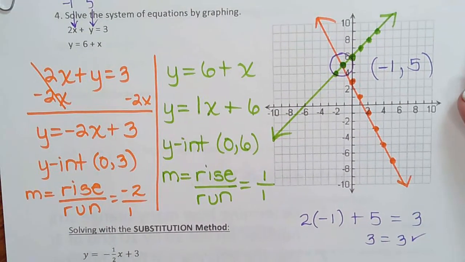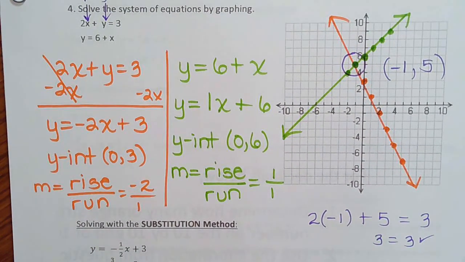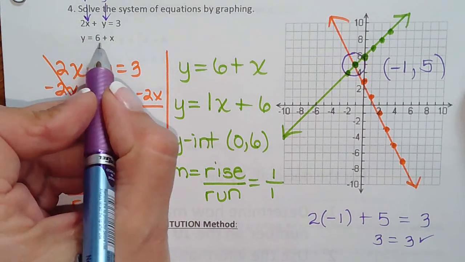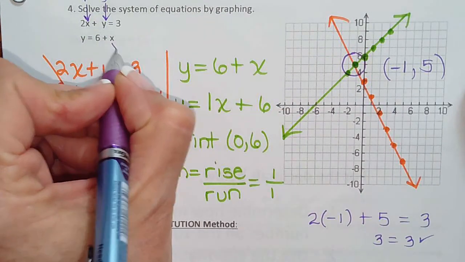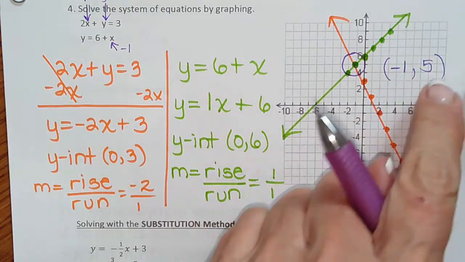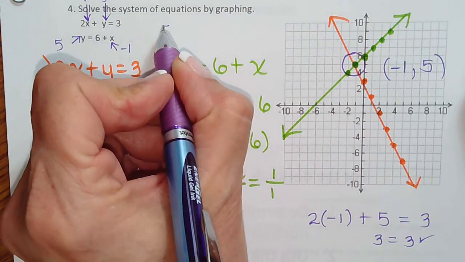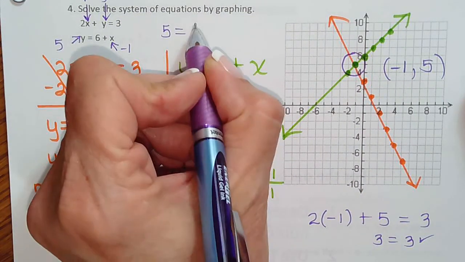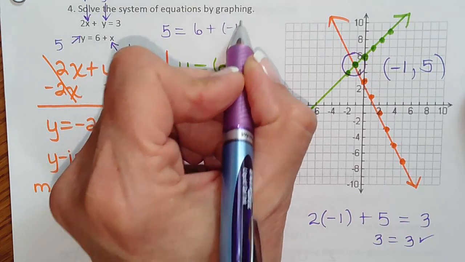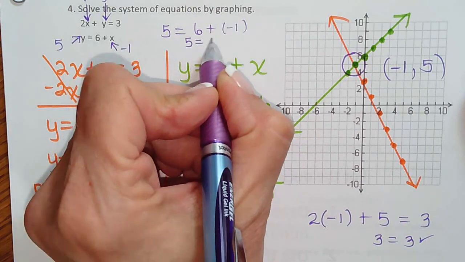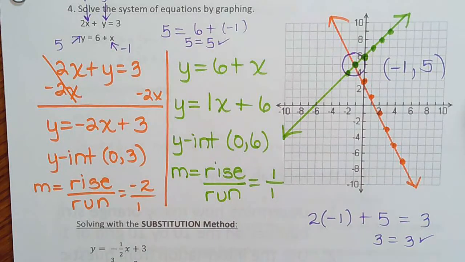And then you try it in the next one. So x is -1, y is 5. And so we're wanting to know, is 5 equal to 6 plus -1? Yes, it is. So that's what I love about systems.